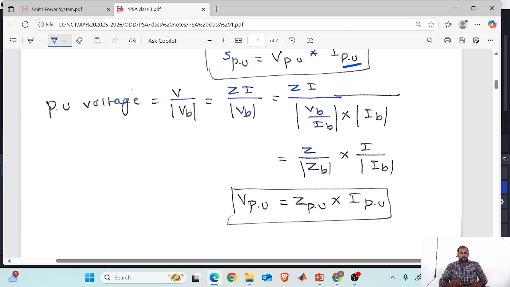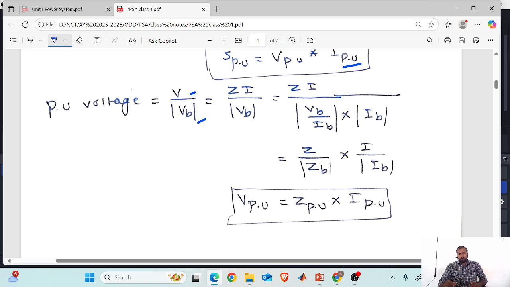And the per unit voltage is nothing but the actual value of voltage to the base voltage. So this can be written as, instead of V you can write Z into I, over VB. So Z into I, and we multiply and divide by the term IB, so that the expression becomes VB divided by IB into IB.